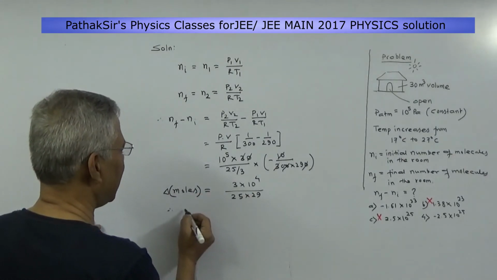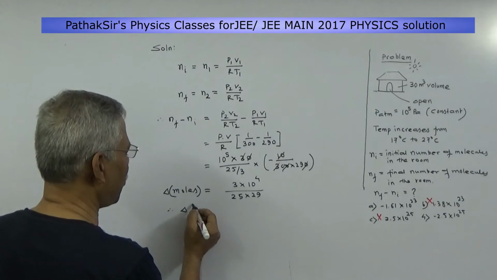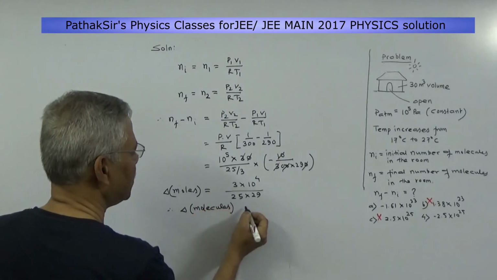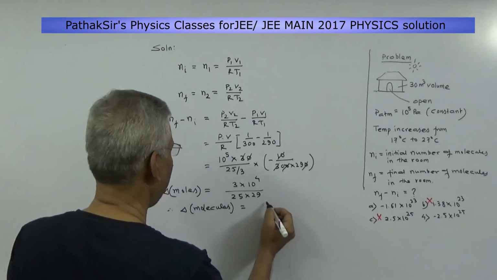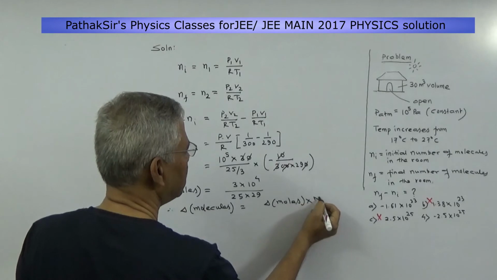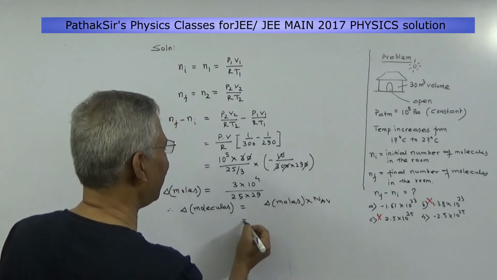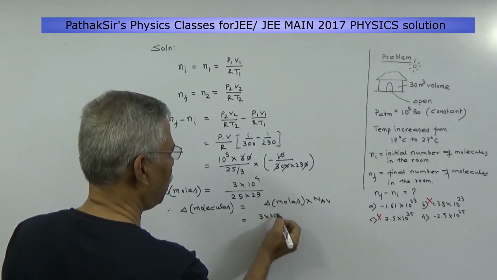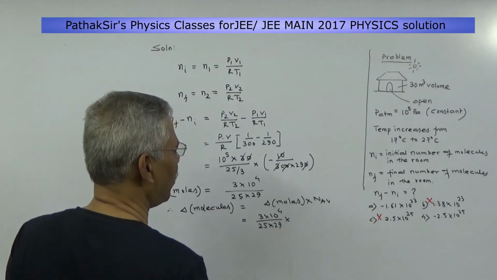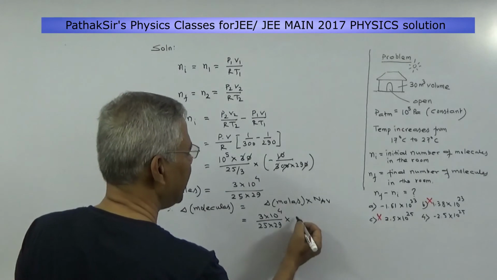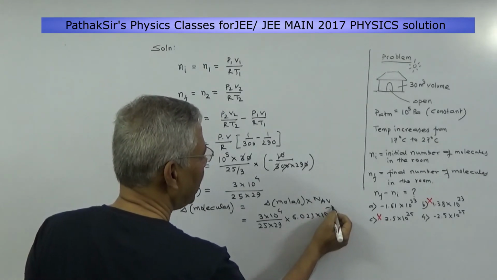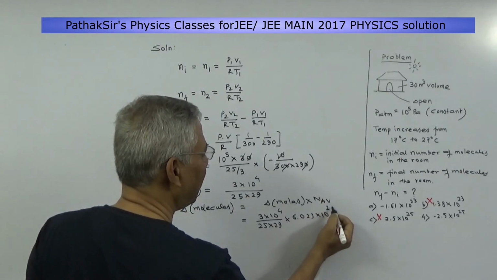Hence the change in number of molecules equals delta moles into N Avogadro: 3 into 10 to the power 4 by 25 into 29, into 6.023 into 10 to the power 23.